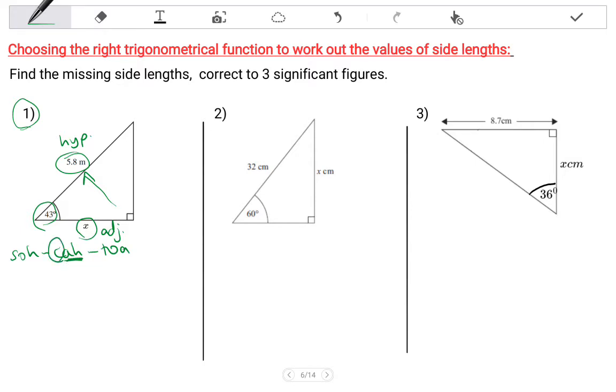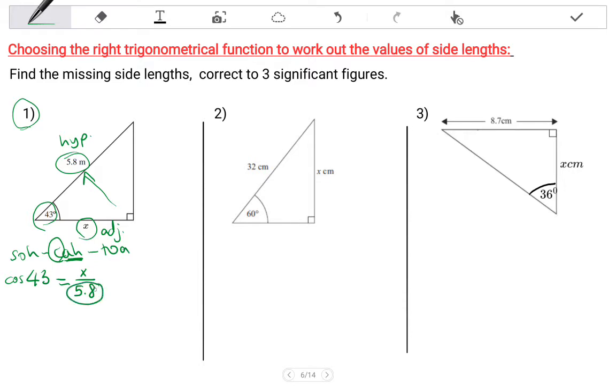for cosine. So I'm going to take cosine of 43 equals adjacent over hypotenuse, which is x over 5.8. Then I'm going to solve it for x.